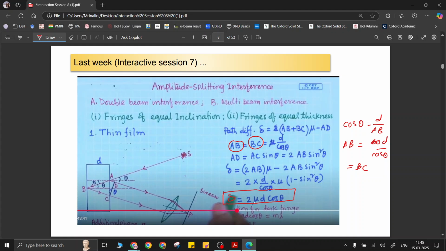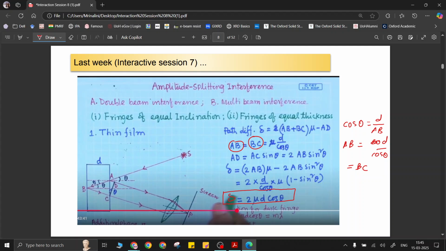It depends on the refractive index of the material, its thickness, and the incidence angle of the light. We will see how we can change these things to vary the center fringe in various experiments. We'll be discussing the Michelson interferometer experiment and Newton's ring experiment for this purpose.